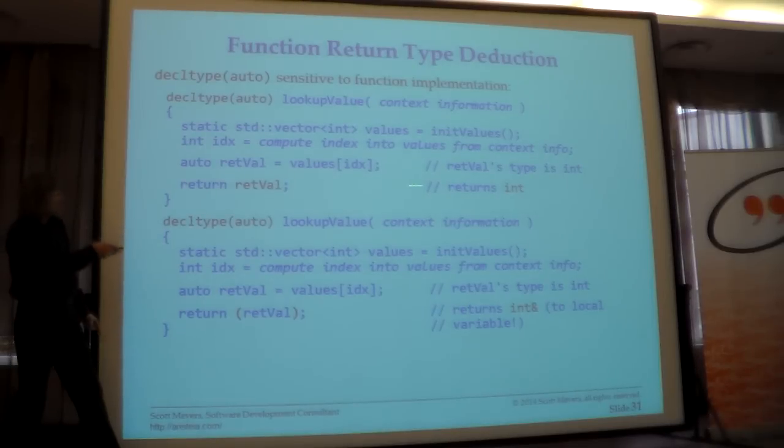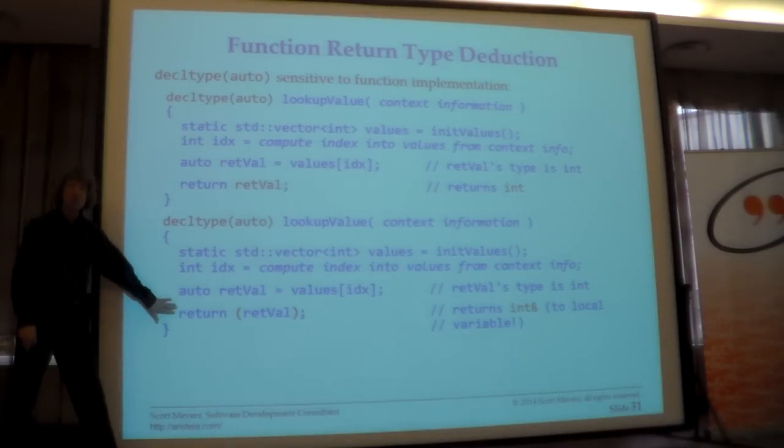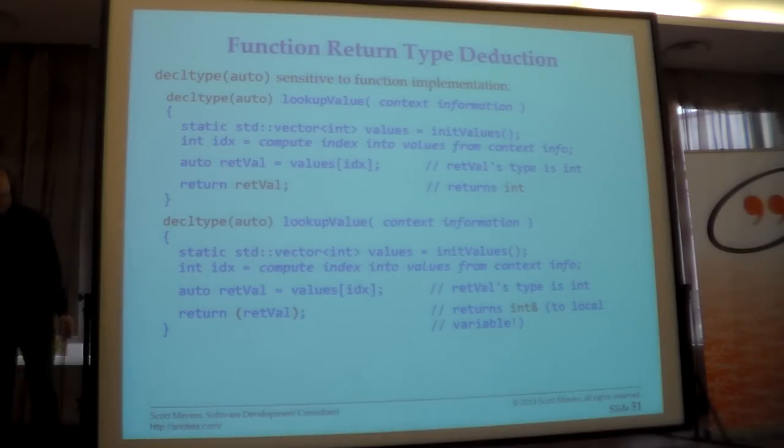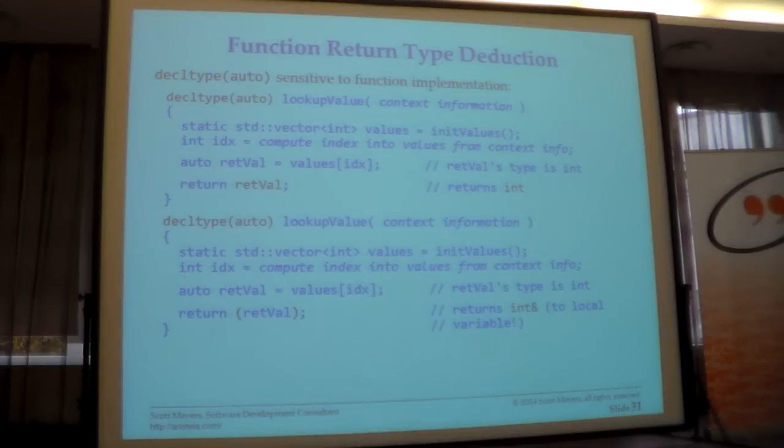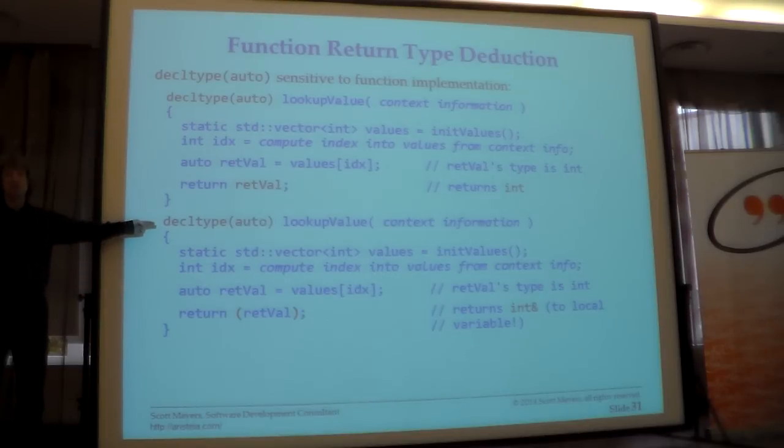The return type here is int because retval is a name. In this case, paren retval paren is an expression. This therefore returns an int ref, which means you are returning a reference to a local variable. These parentheses change the meaning of this return type.